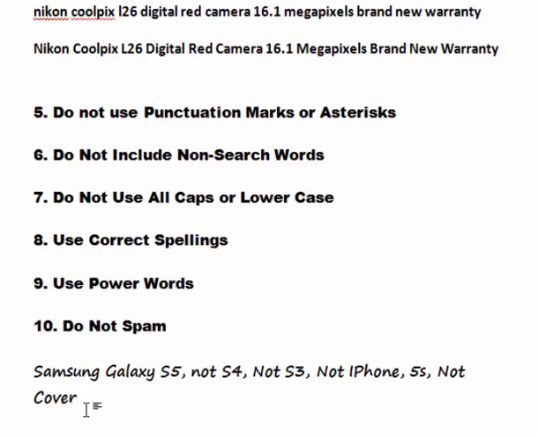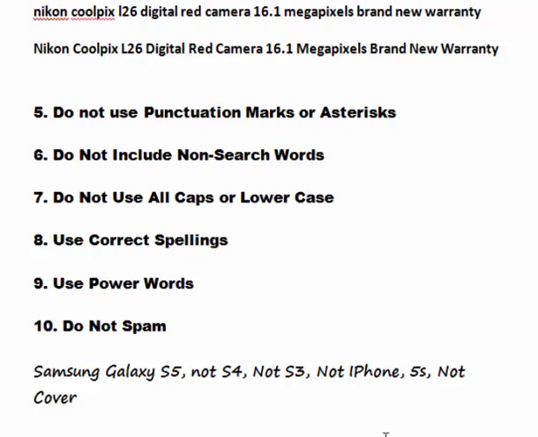Here is an example. If you are selling Samsung Galaxy S5, but you come up with a title which says Samsung Galaxy S5, not S4, not S3, not iPhone 5s, not cover.